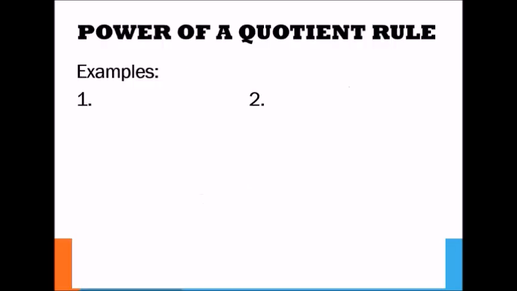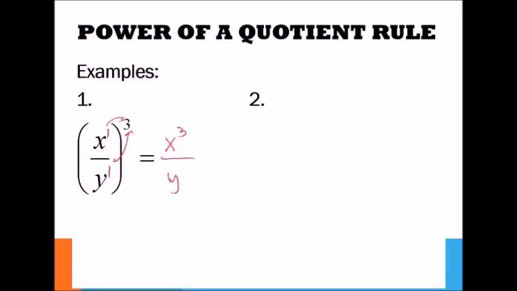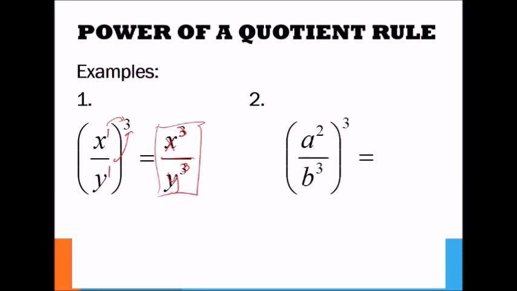For example, number 1, we have x over y raised to the third power. Both have an exponent of 1, so just multiply. Therefore, our final answer is x cubed over y cubed. Next, for number 2, we have a squared over b cubed, raised to the third power.